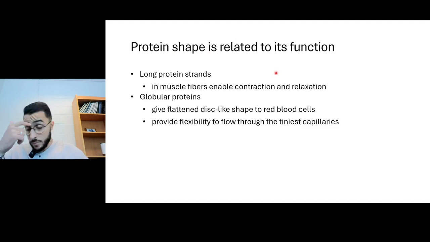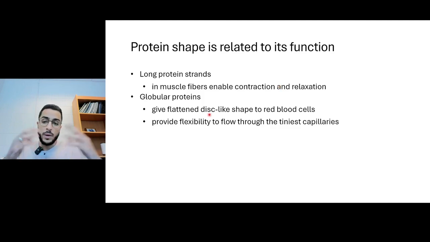Good. So proteins have two shapes. They have long shapes and globular shapes. The proteins that are in the shape of a long strand are usually found in muscle fibers, and they're important for contraction and relaxation of the muscle. Globular proteins are more flattened, like red blood cells, for example. They give this shape to the red blood cells, actually, and they provide flexibility so that these proteins can travel through the capillaries, right?